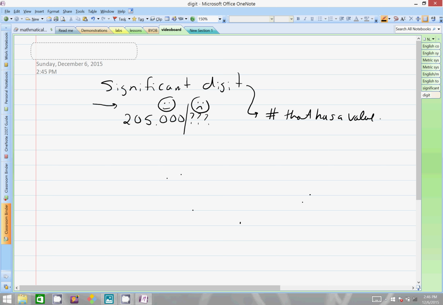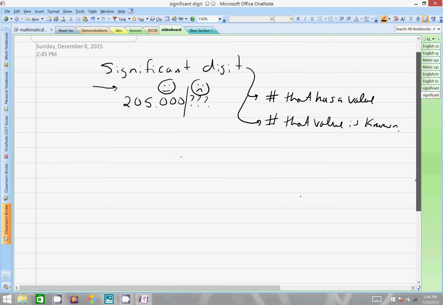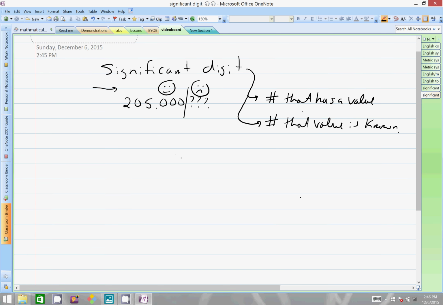Well, we'll see some examples where maybe they don't have a value. And the other aspect is, okay, a number where that value is known. Now, for significant digits, to be significant, it has to have a value, and that value must be known.